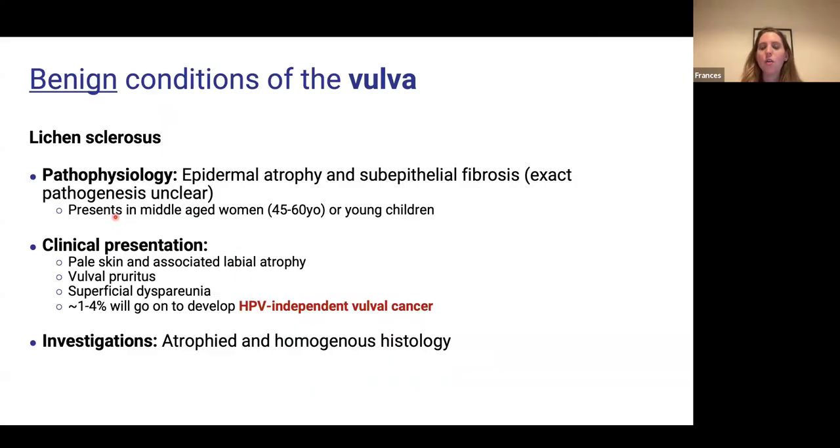So you have pain on penetration as opposed to deeper pain within the pelvis during sex. And for these patients, the key thing to be aware of is that it is linked with a progression to vulval cancer, and this will be HPV independent vulval cancer. You can get vulval cancer that's linked to HPV, but if it's HPV independent, it's commonly occurring on a background of lichen sclerosis.